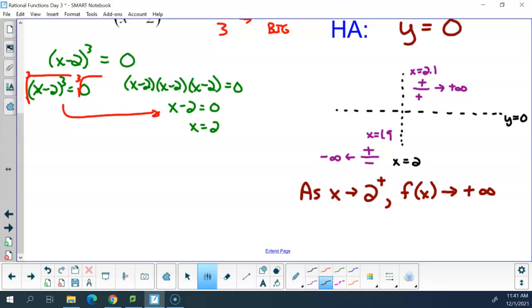As x approaches 2 from the left, my function goes to negative infinity. Okay. So that was my asymptote behavior.